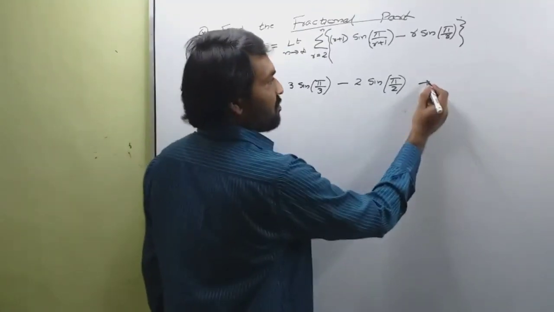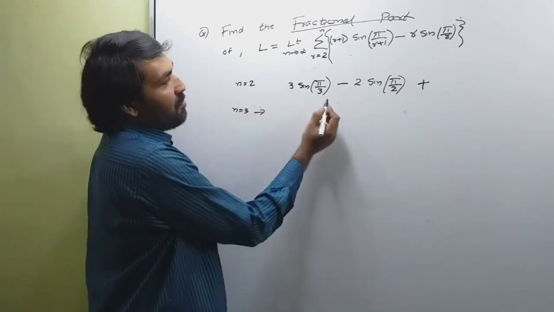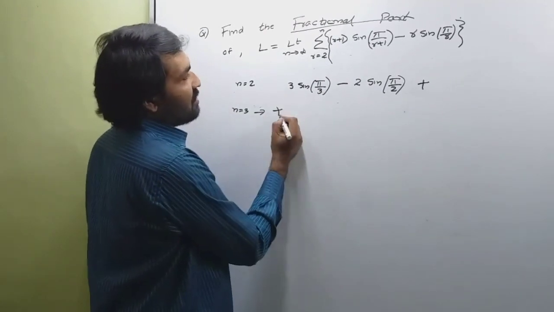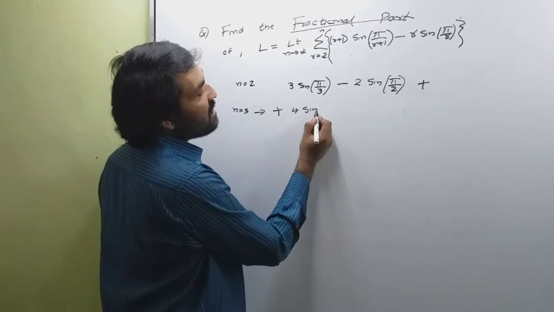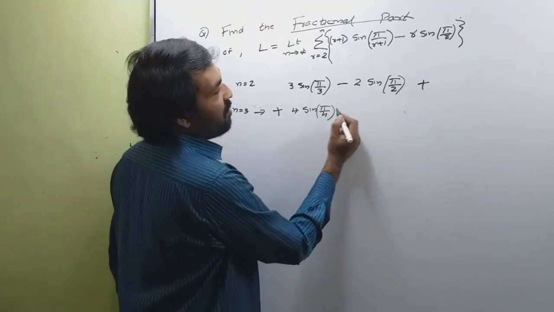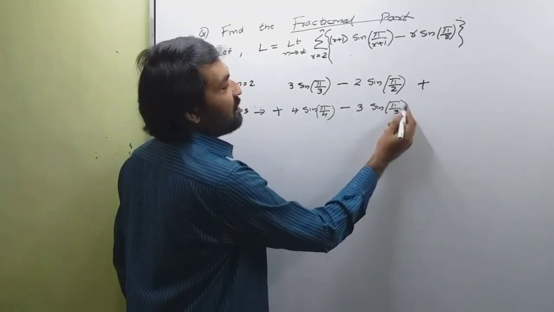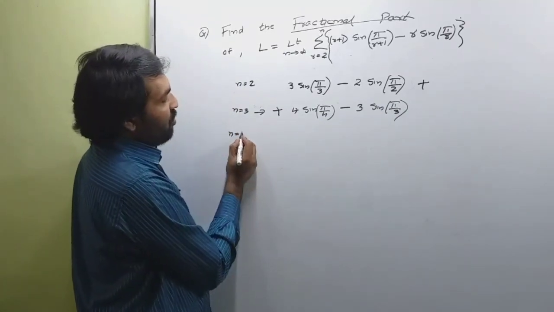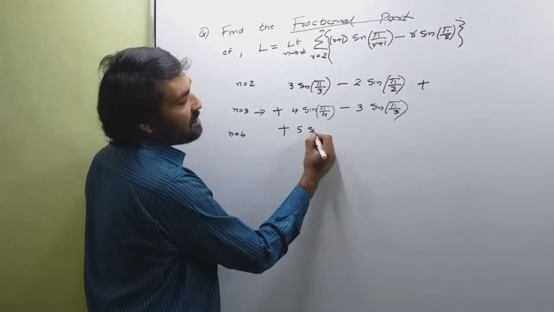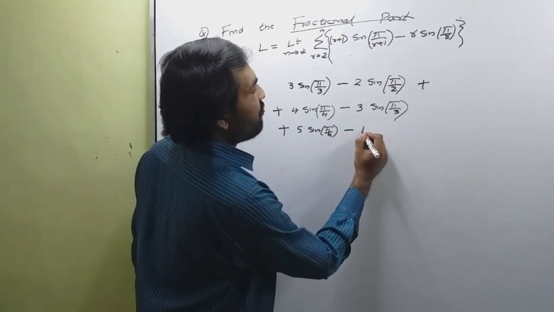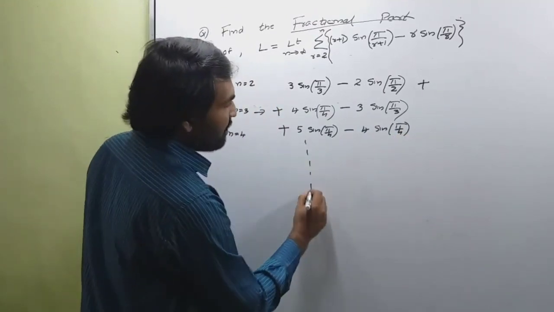This plus, when n is equal to 3, this term plus 4 sine pi by 4 minus 3 sine pi by 3. And when n is equal to 4, this term plus 5 sine pi by 5 minus 4 sine pi by 4. And this continues.